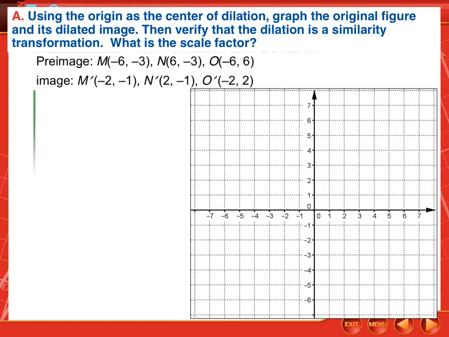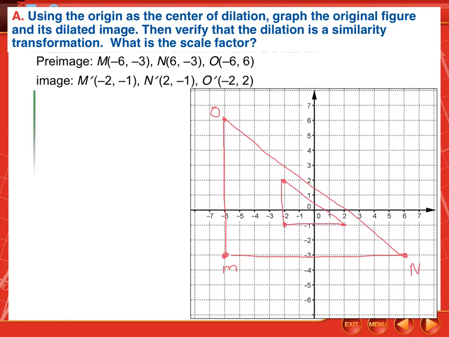So that is -6, -3 is M. 6, -3 is N, and -6, 6 is O. This is a big right triangle. And our image is M prime at -2, -1, and N prime is 2, -1. And O prime is -2, 2.